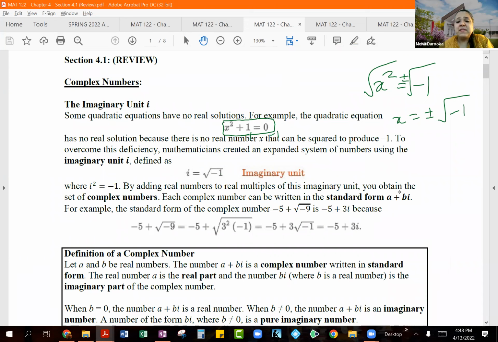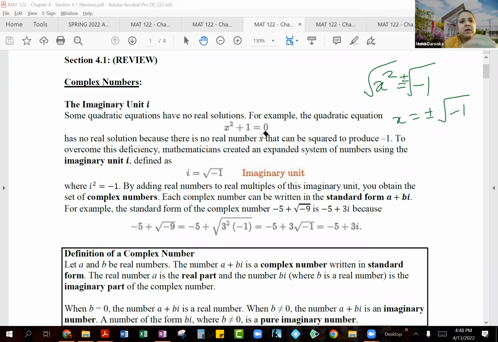This happens anytime you try to take an even root of a negative number. You can try the 4th root, the 6th root, the 10th root, any even radical, and you're going to run into this same problem.